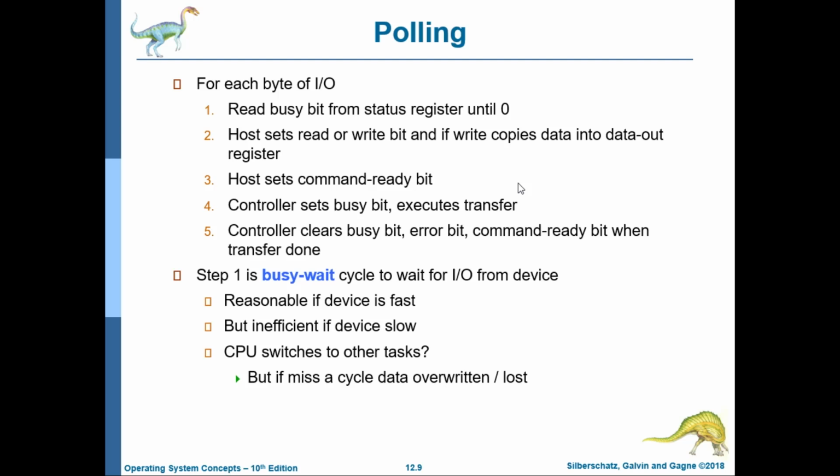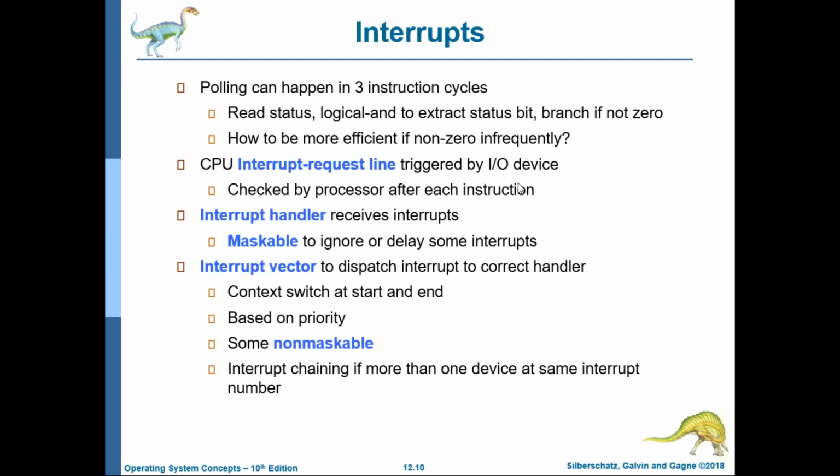So what if, to compensate for that, the CPU switches to other tasks? The problem with that is that if the CPU misses a cycle, data can be overwritten or lost. Okay, let's continue. So we have interrupts. Polling can happen in three instruction cycles: read status, logical AND to extract the status bit, and branch if not zero.